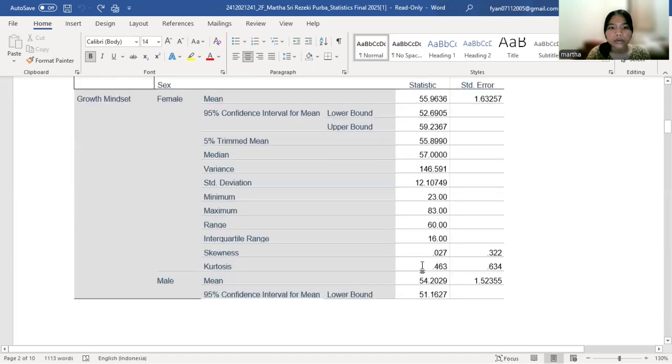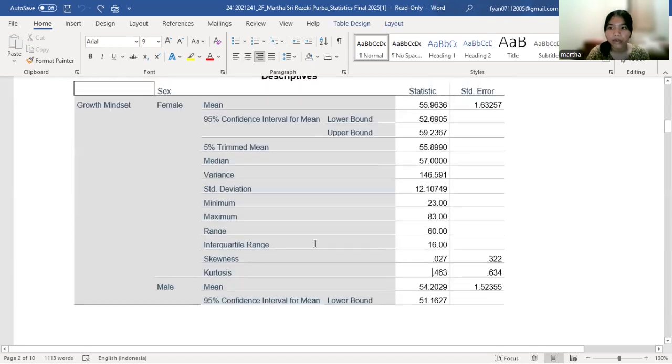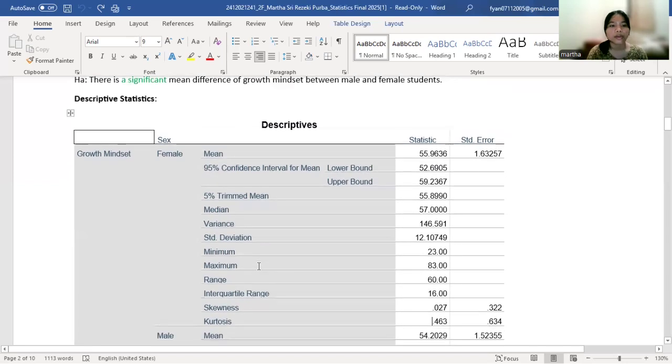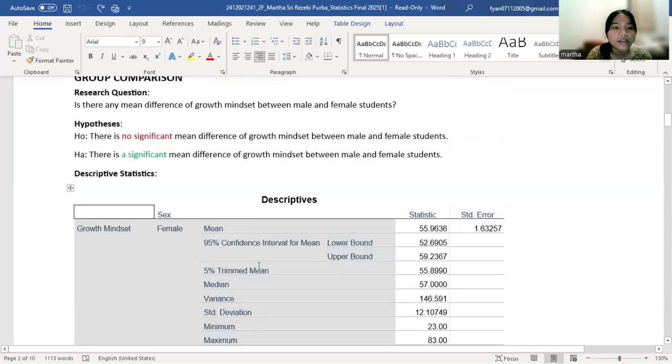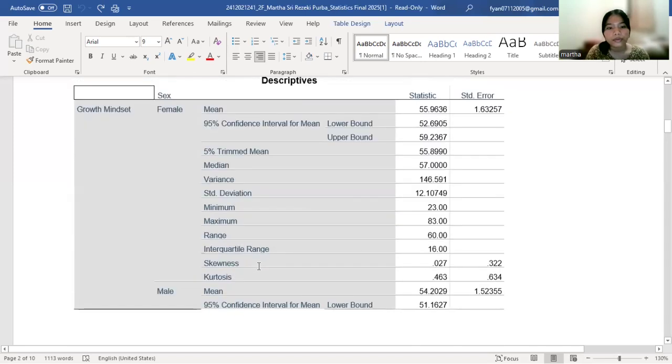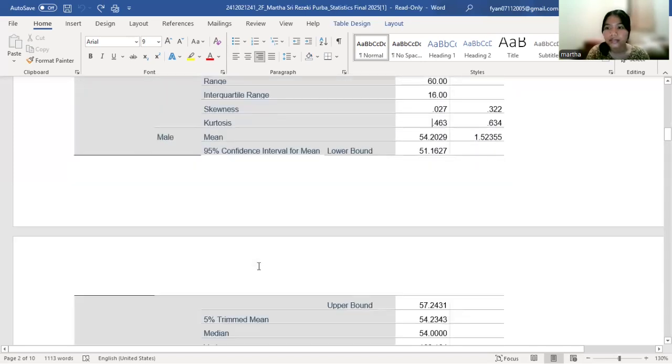So from this table, we know that there is a mean difference, but we don't know whether it's significant or not. So to check the significance, we need to follow the next step.